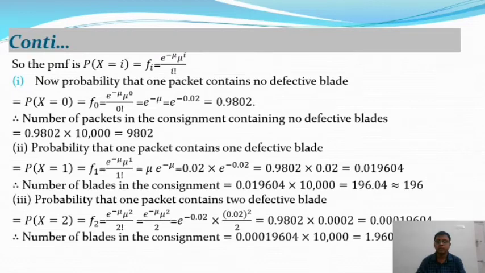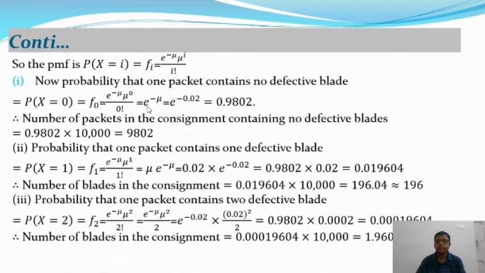Now we are going to solve the first part of this problem: the probability that one packet contains no defective blades. That means probability of X equal to 0. This equals f0, and f0 is equal to e to the power minus mu into mu to the power 0 by 0 factorial.